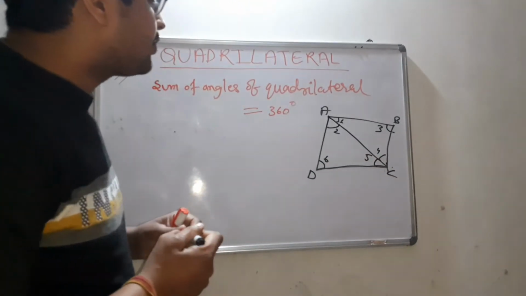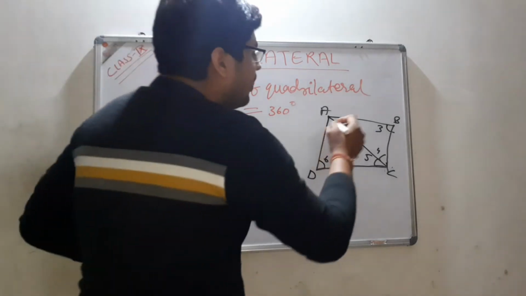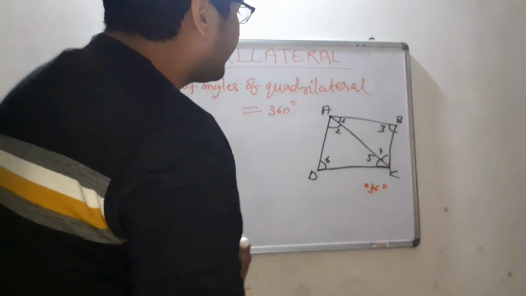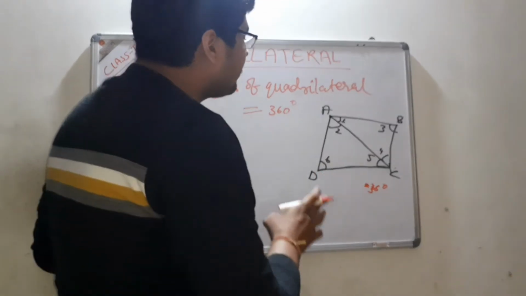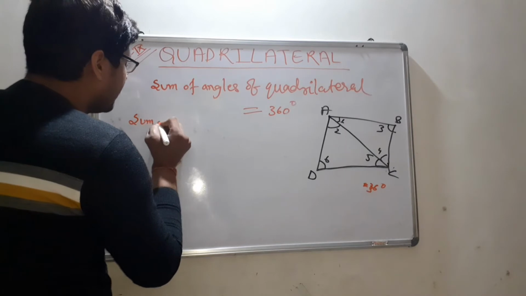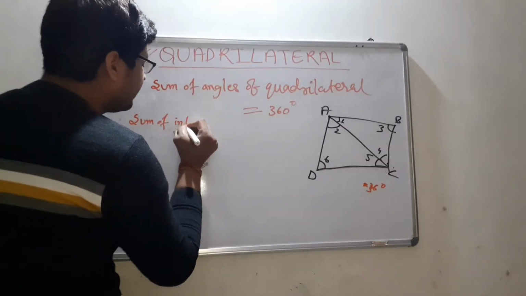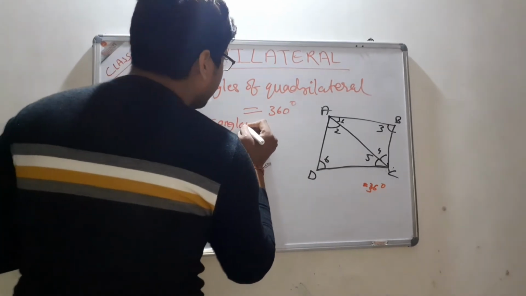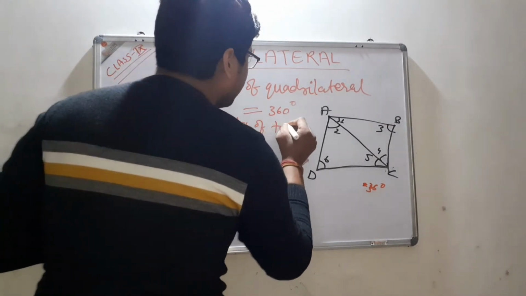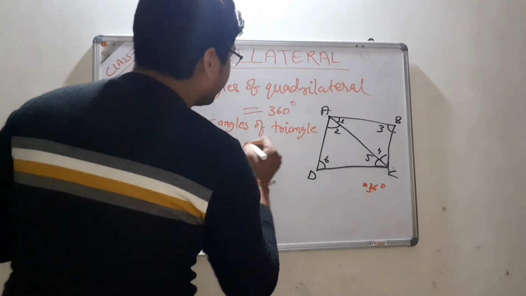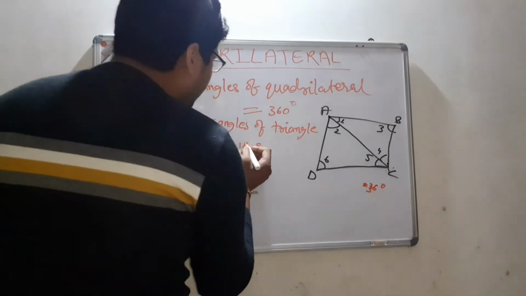Now we have to show that the sum of all the angles gives 360 degrees, and we have to verify that mathematically. As we know the angle sum property of a triangle, the sum of interior angles of a triangle is equal to 180 degrees.